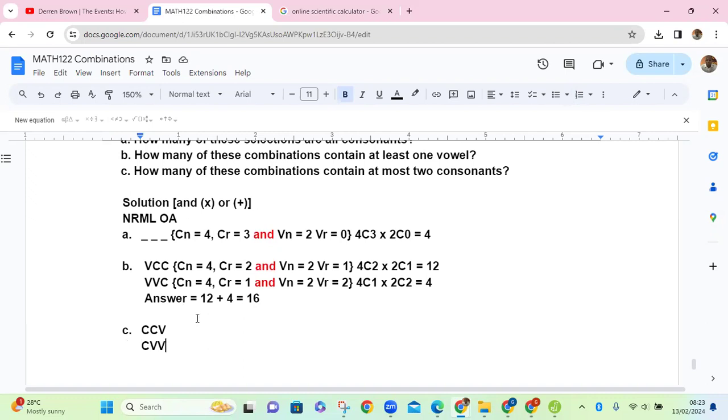Because bear in mind, we have only two vowels, so there can be at most two consonants, meaning it's the same as saying at least one vowel.